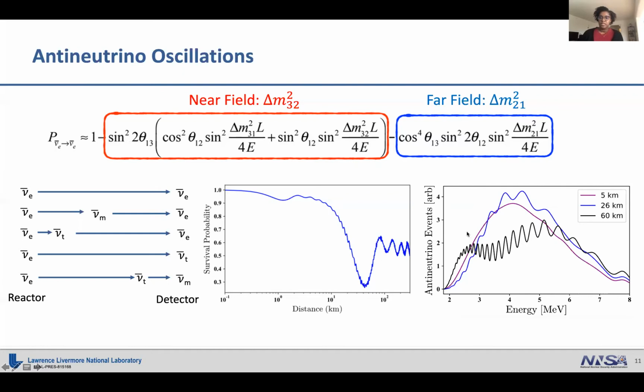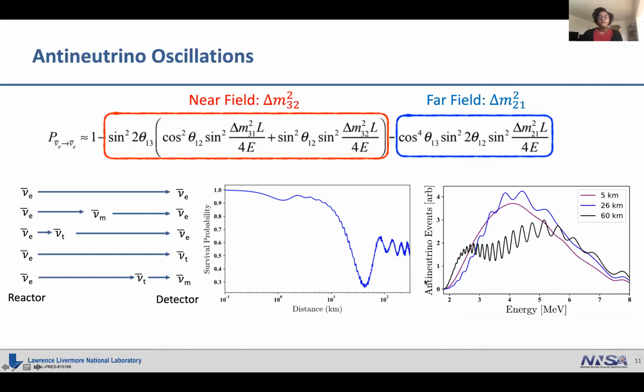In blue, we see a spectrum at 26 kilometers. And then in black, we see it at 60 kilometers. At about 5 kilometers, there's not really a lot of distortion in the antineutrino spectra, just because you're not that far away. However, once we get to 26 kilometers, we see a lot of contributions from the 3-2 oscillation parameters, specifically these wiggles that we see within this blue spectrum.